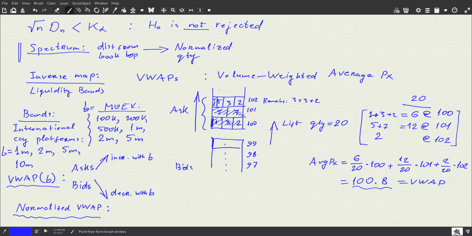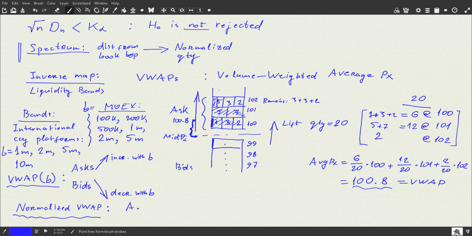We need to compute the difference between VWAP and the corresponding mid price. So if this is the mid price and we got 100 in that computation, 100.8 as the VWAP, we're interested in this difference, VWAP minus mid.